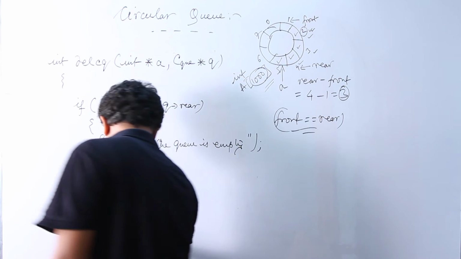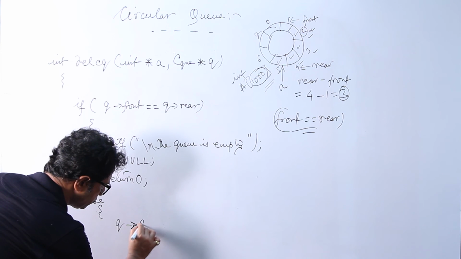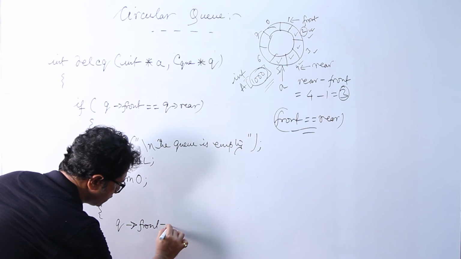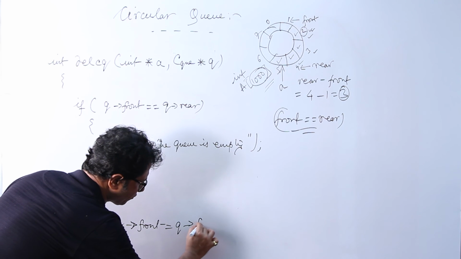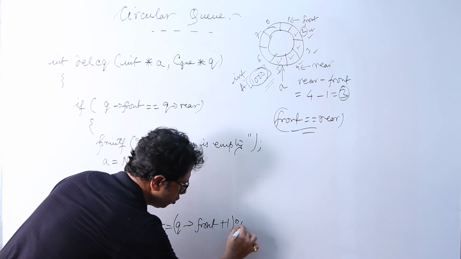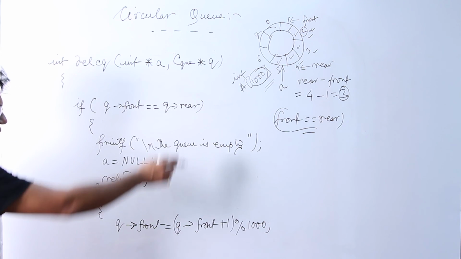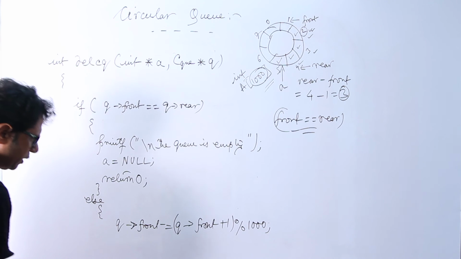So first I will write: Q front is equal to Q front plus 1 modulo 1000. Here also it is modulo 1000 because we are working in a circular fashion.